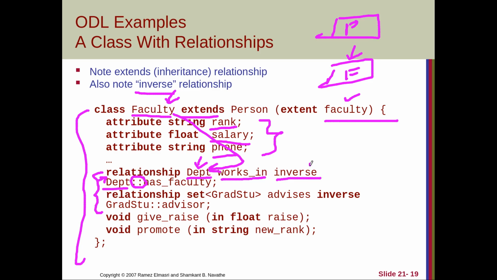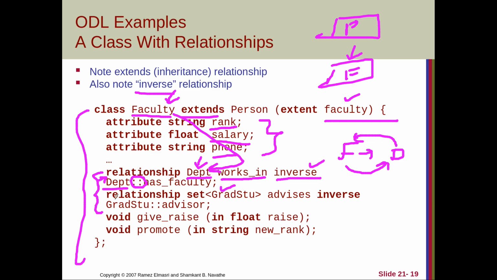We have to use the inverse keyword, then department, that is the second class, double colon, has faculty. So faculty works in department, and the inverse relationship is department has faculty. So relationship department works in, and the inverse relationship is department double colon has faculty. This is the way in which we specify the relationship and inverse relationship.